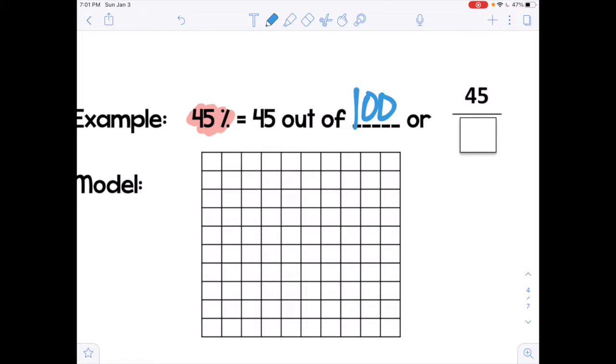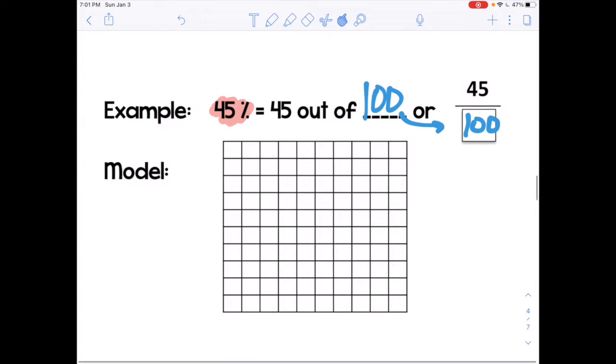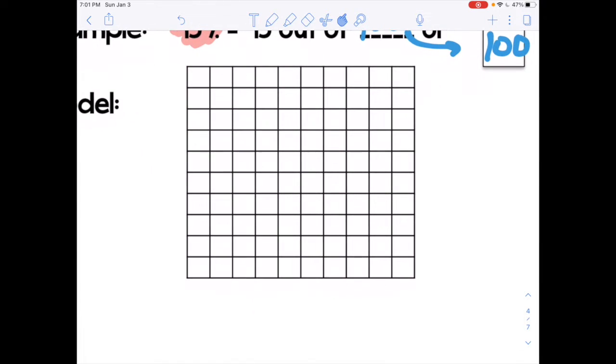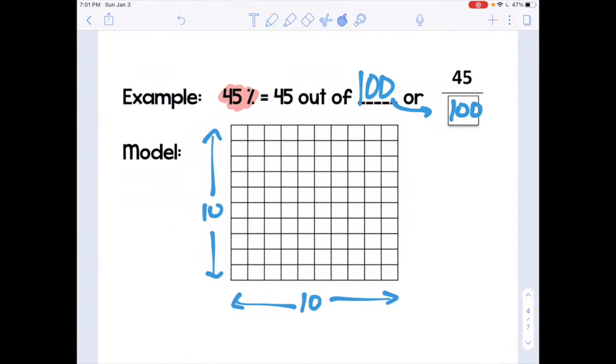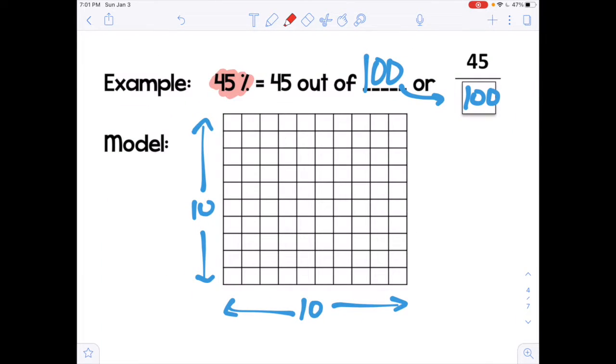And if it's 45 out of 100, then that 100 can go right here. Then we have a 10 by 10 grid. It's 10 wide and it's 10 tall. If you counted each and every little square, you would have 100 of them. So 100 is the entire grid.